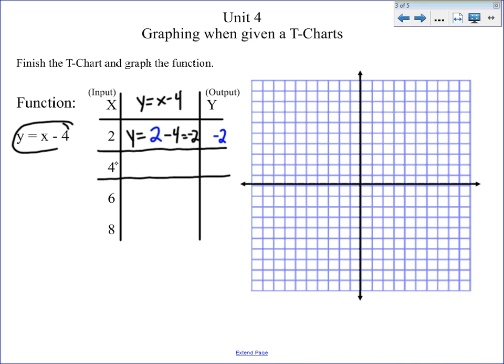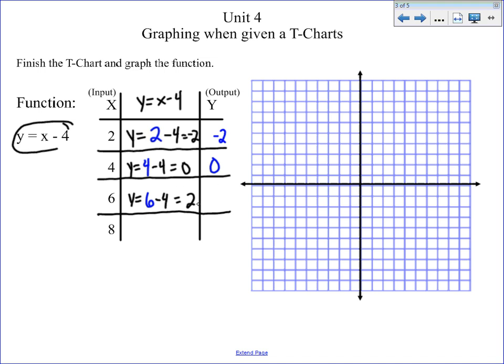Our next one is y equals 4 minus 4. Well, 4 minus 4 gives us 0. So when x equals 4, y equals 0. Next we have y equals 6 minus 4. 6 minus 4 gives us 2.